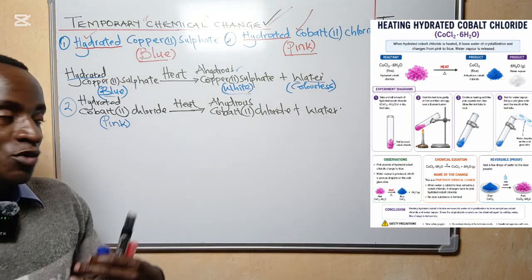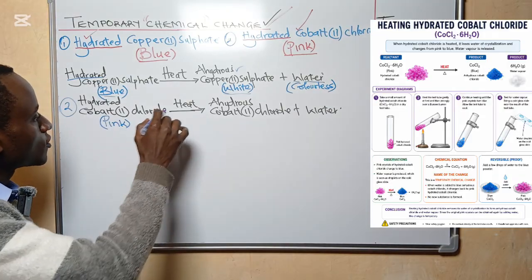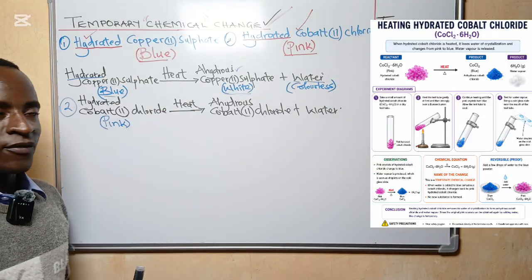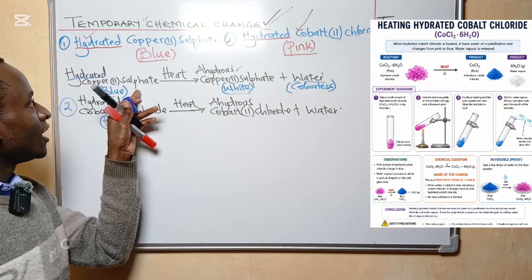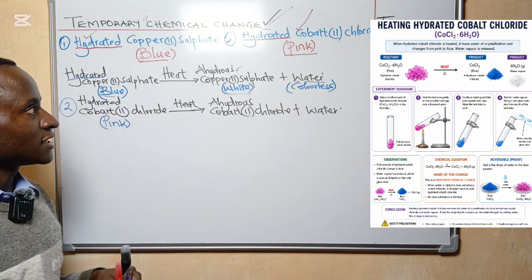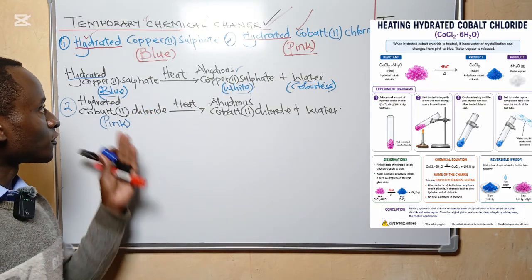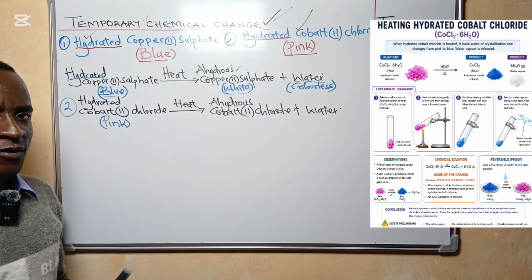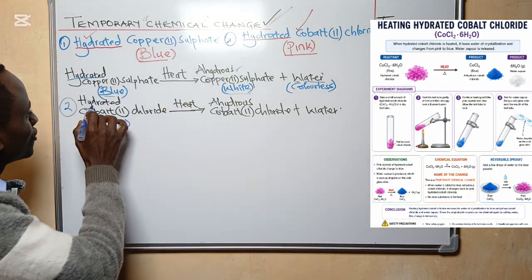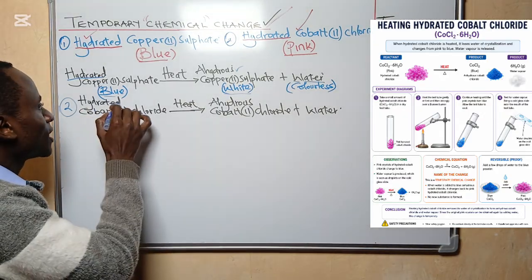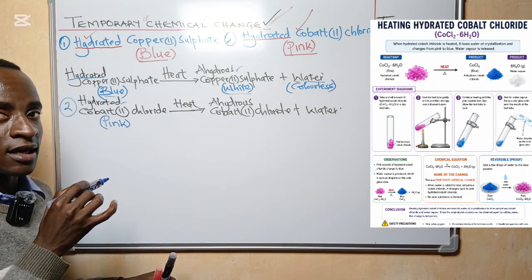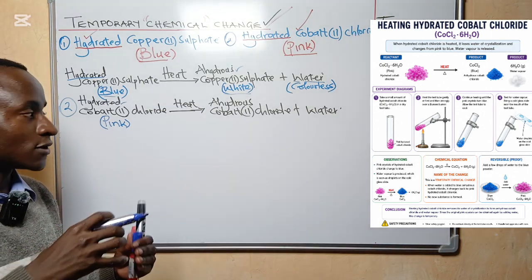Now, what happens when you heat hydrated cobalt 2 chloride, which is pink in color? In the same way, hydrated copper 2 sulfate changed from blue to white is what is going to happen here. So when we heat hydrated cobalt 2 chloride, remember the word hydrated means it has water in between the particles.